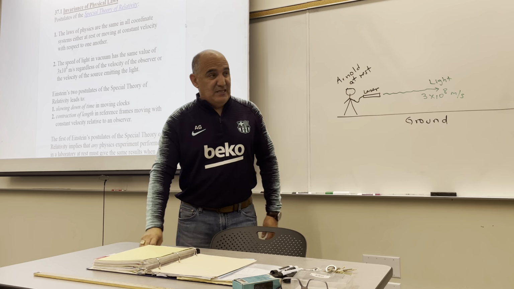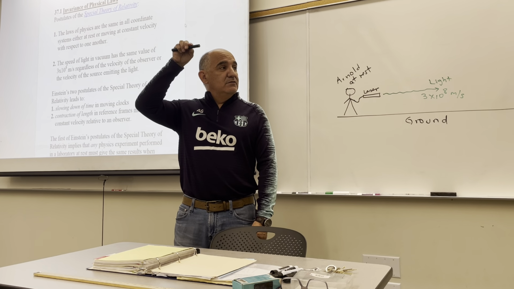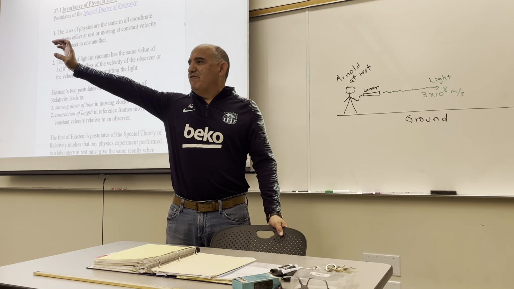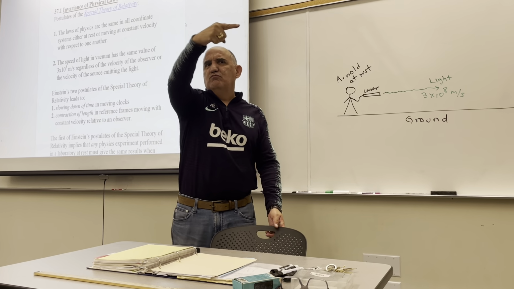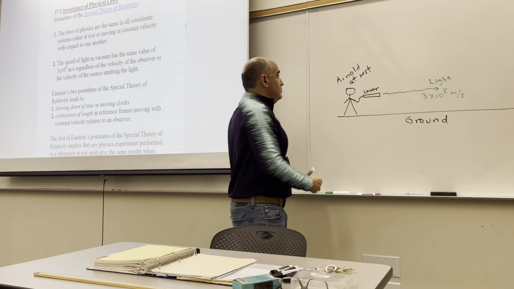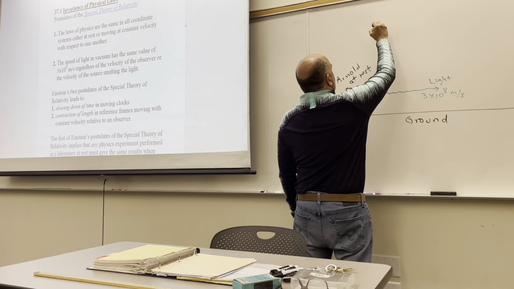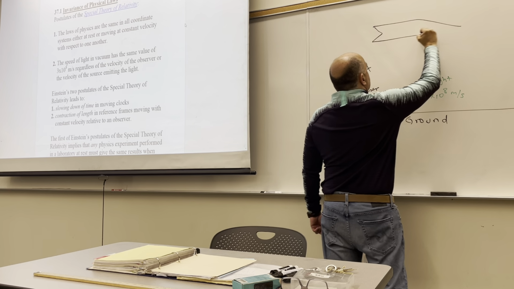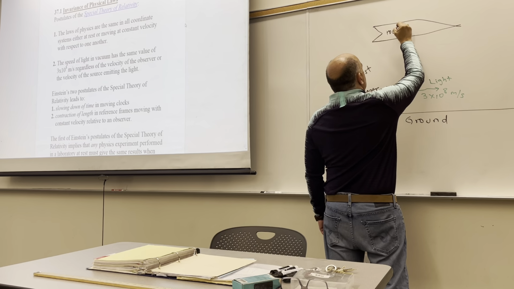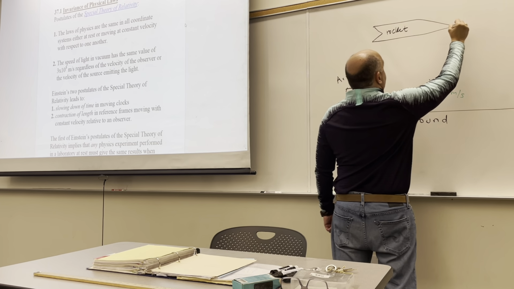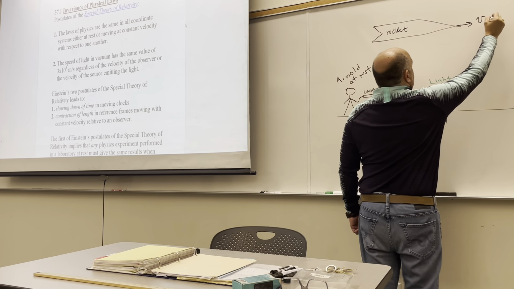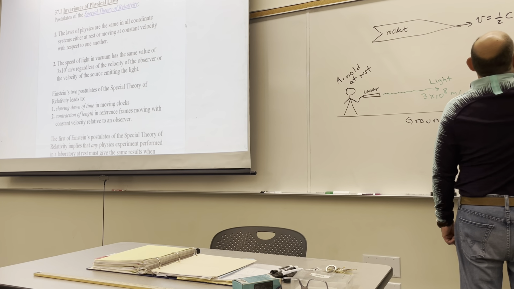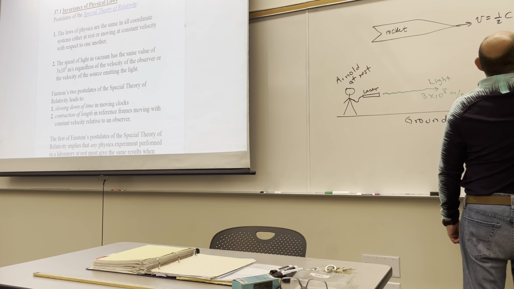What if, as I do this, somebody is in a spaceship traveling very fast, let's say half the speed of light, this way. So suppose that there's someone in a rocket over here, traveling at 1/2 of the speed of light in vacuum, so that would be 1.5 times 10 to the 8 meters per second.